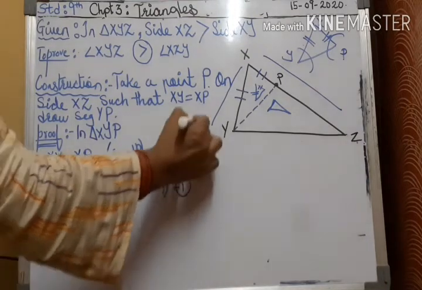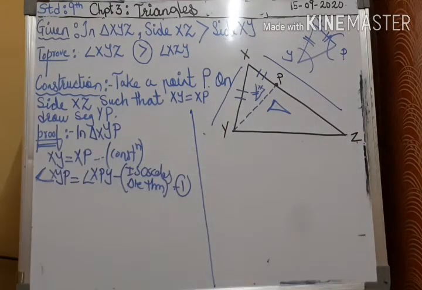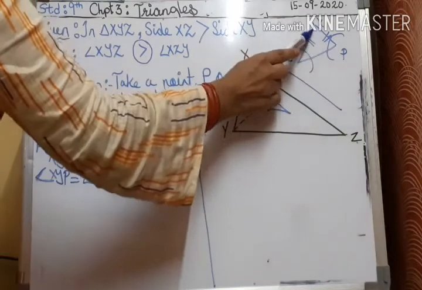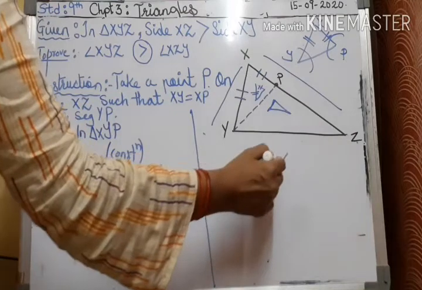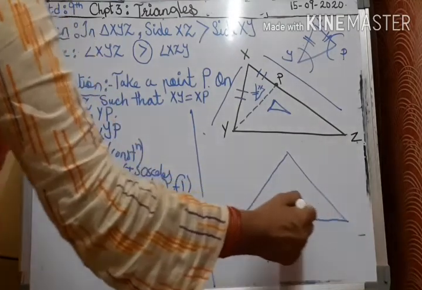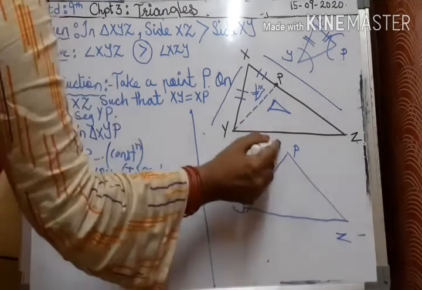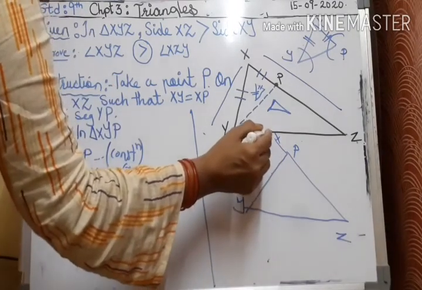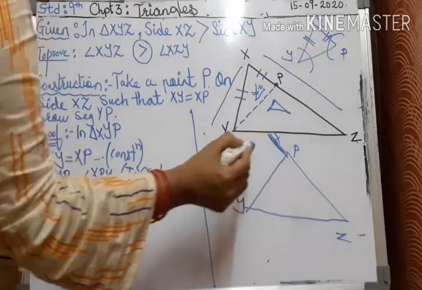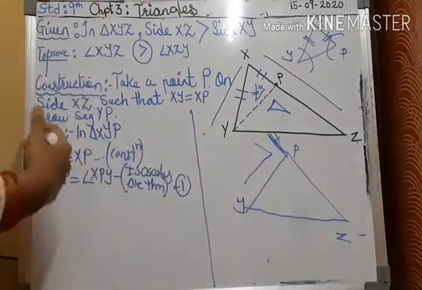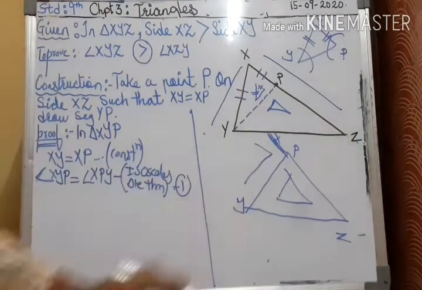This is our first. Student, see here XYP. This triangle is like this, P, Y, Z, and here X is there. So this angle XPY is an exterior angle of triangle YPZ.